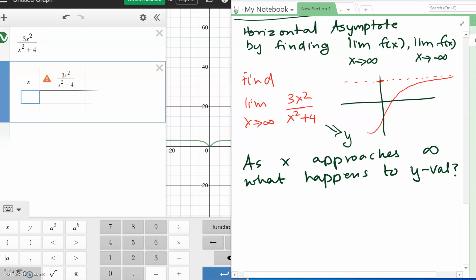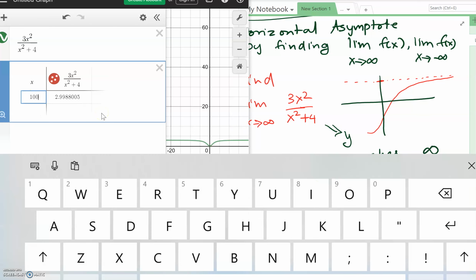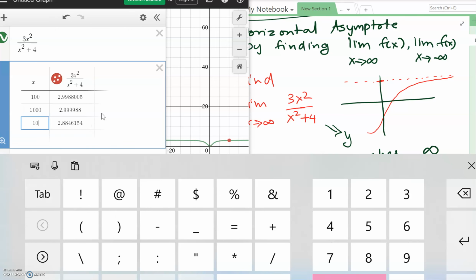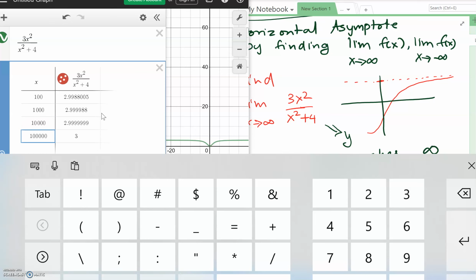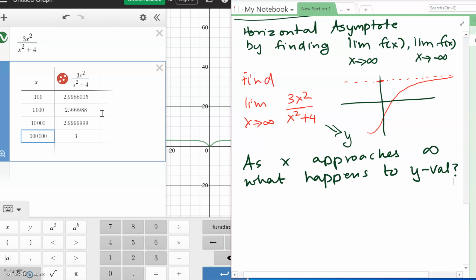We're going to choose x very, very large, maybe starting with 100, and 1000, and 10,000, and then one more number. We can see that it is already rounded to 3. So the y value goes towards 3. The y value approaches 3.